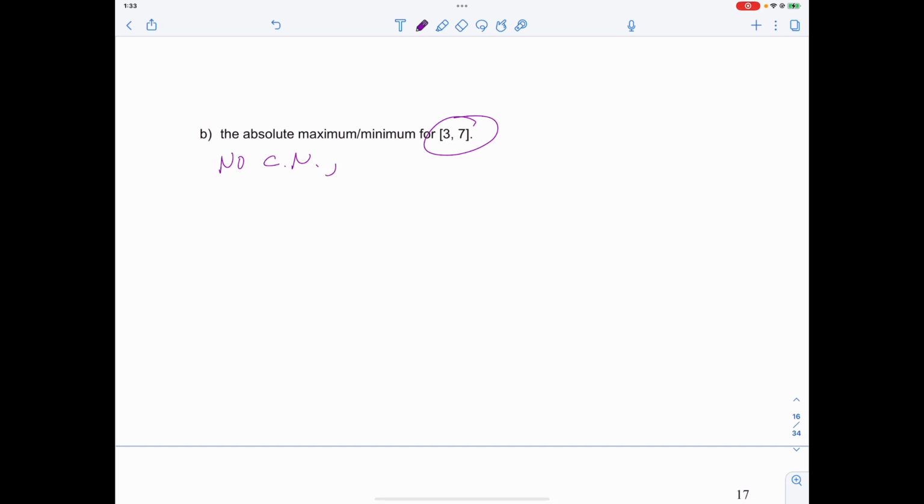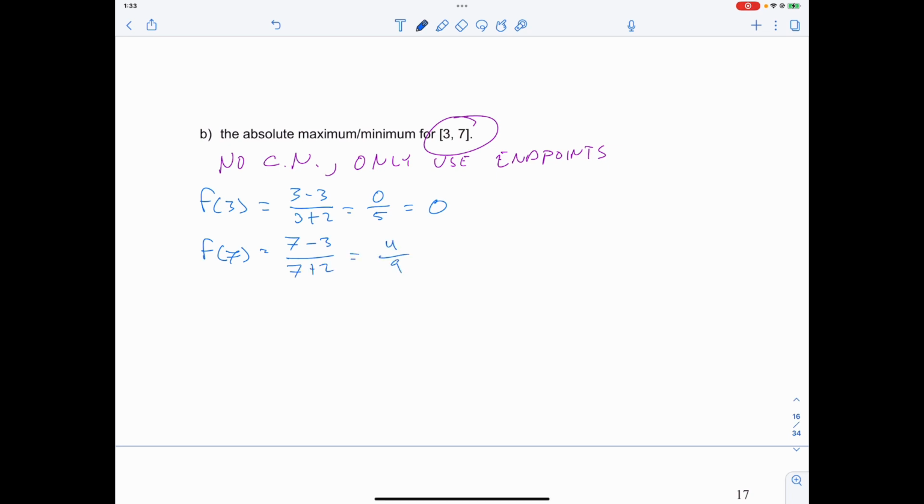So we just use endpoints, which means that we're going to state that f of 3 is equal to 3 minus 3 over 3 plus 2, which is going to be 0 over 5, which is just going to be 0. f of 7 is going to equal 7 minus 3 over 7 plus 2, which is going to equal 4 over 9.